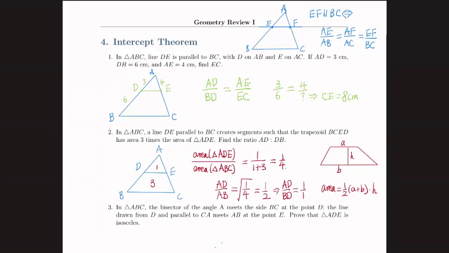Aha. Okay. So the ratio of the sides of two triangles is the square root of the ratio of the areas. Because the area will be AD AE sine angle A over AB AC sine of the same angle here. So the ratio of the area will be the square of the ratio of the sides.